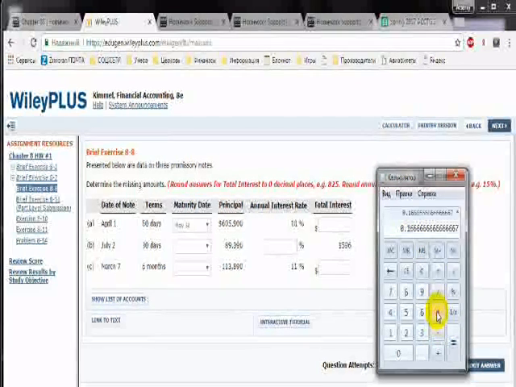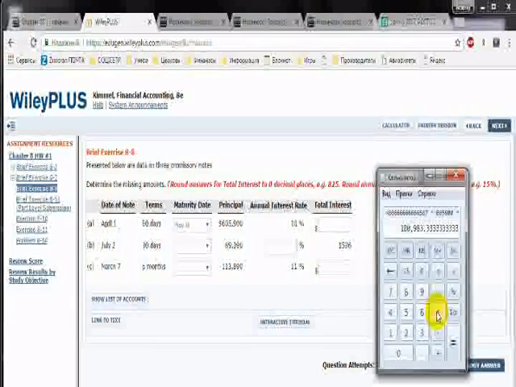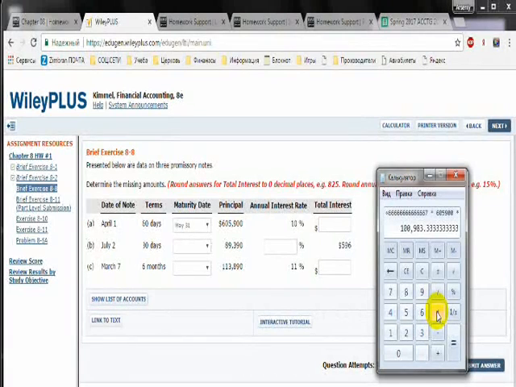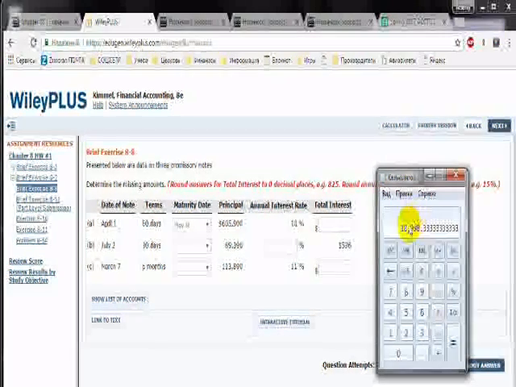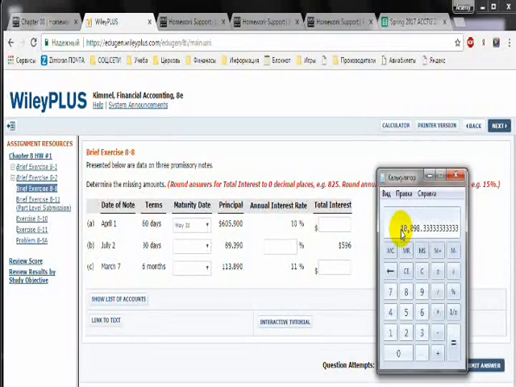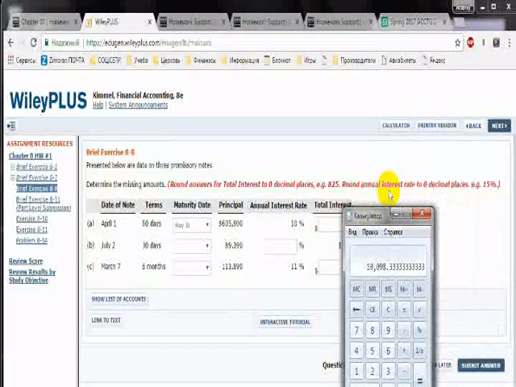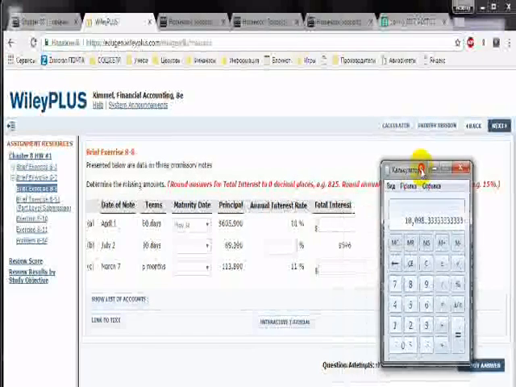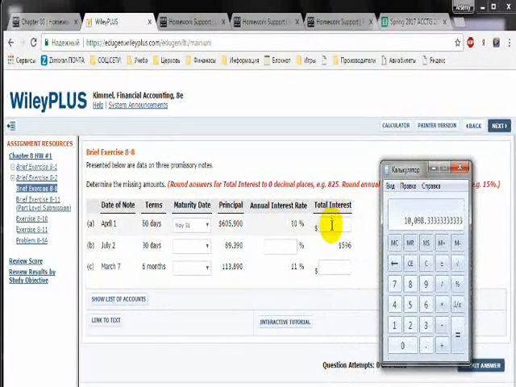We multiply that by the amount, and then multiply by the annual interest rate in the following way. The amount we receive will be the total interest. If we round it to 0 decimal places, it will be 10,089.